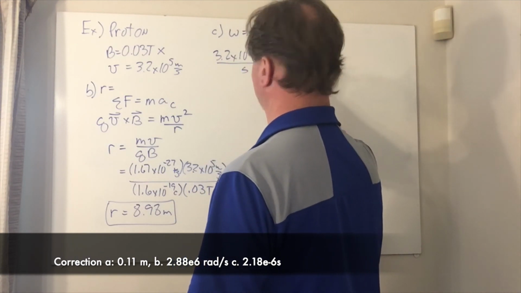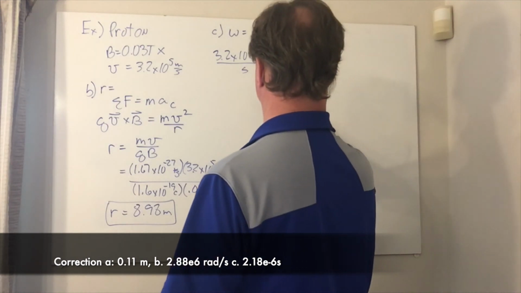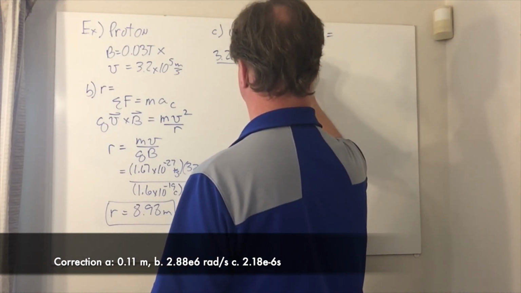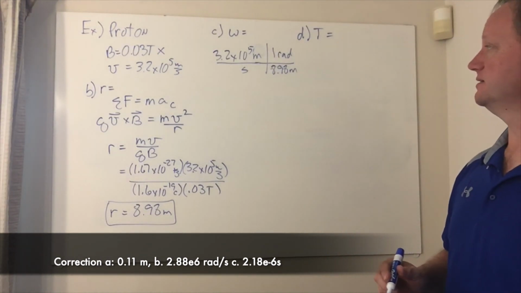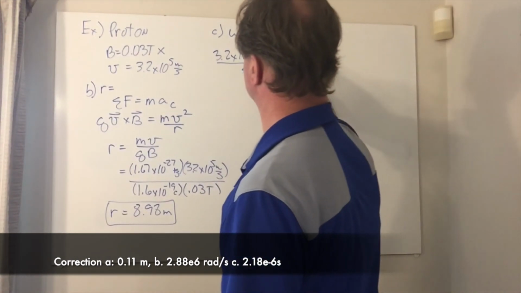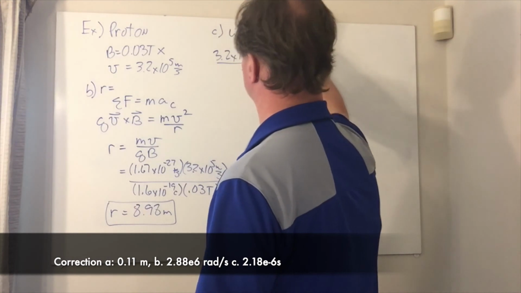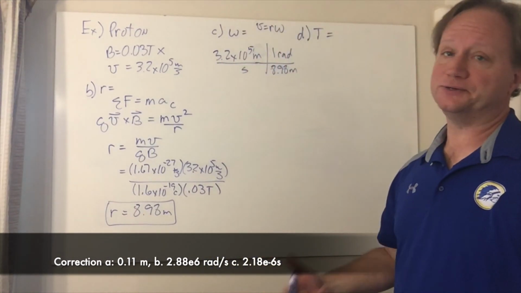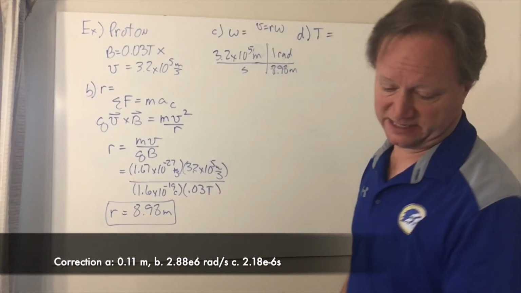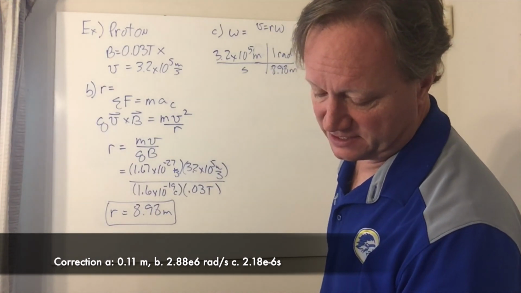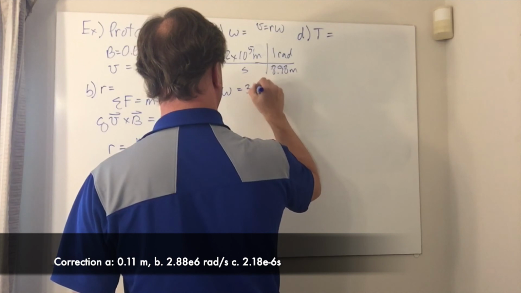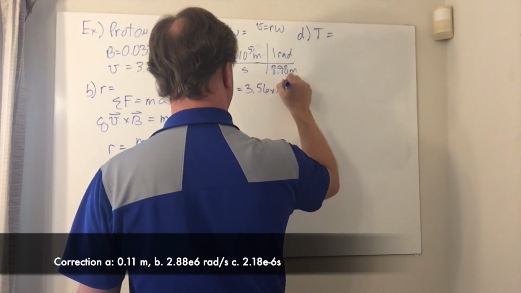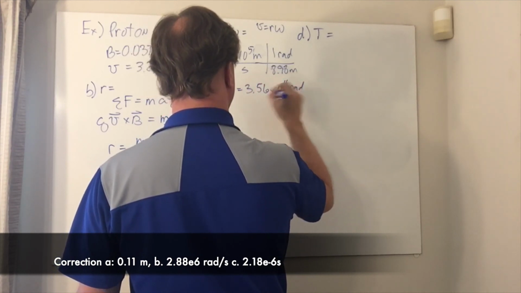That's 8.98 meters. So you're basically dividing by the radius. You can also think of that in terms of the equation V equals R omega. You end up doing the same math. So then our angular velocity, 3.56 times 10 to the 4th radians per second.